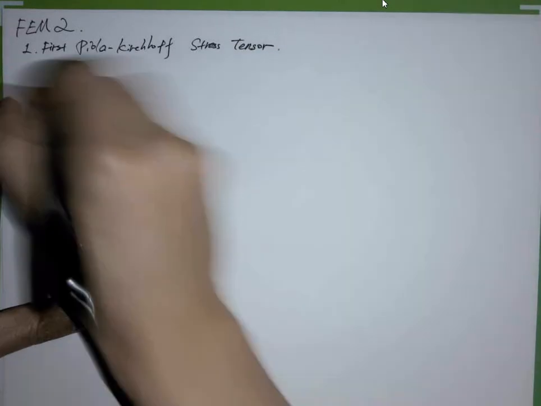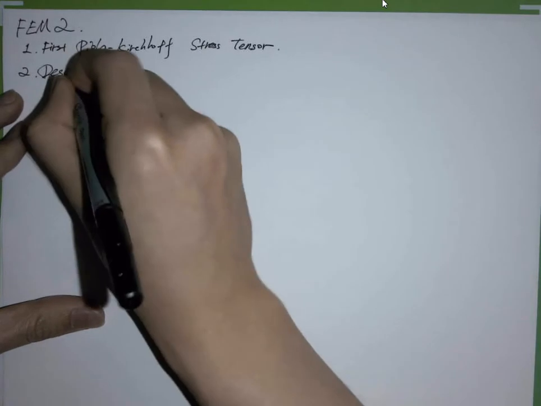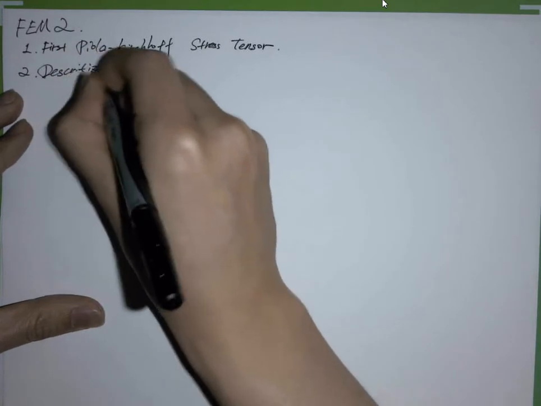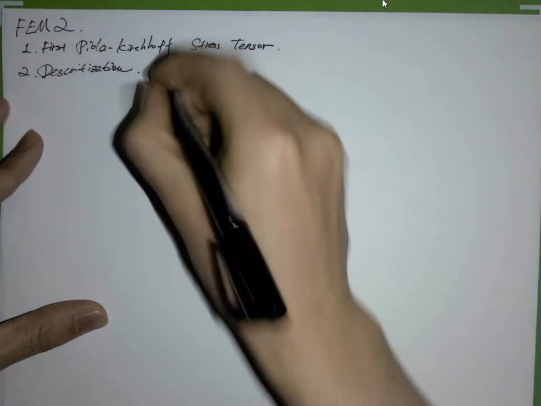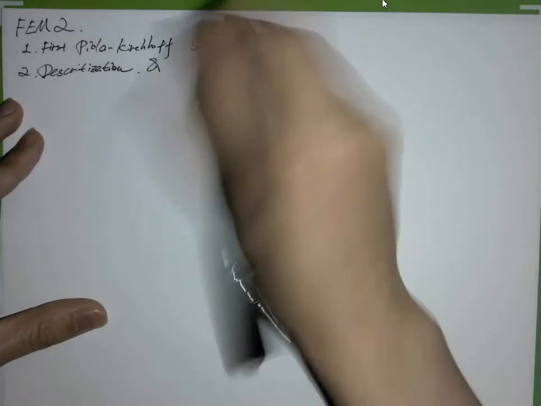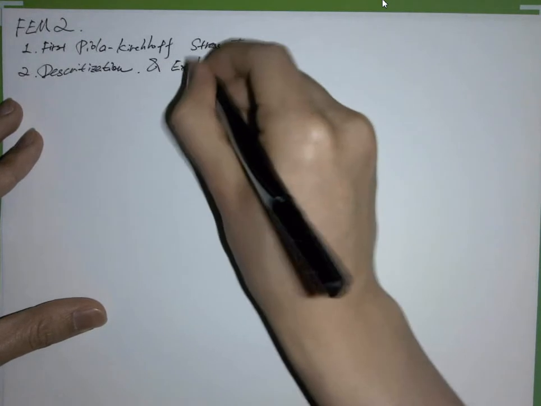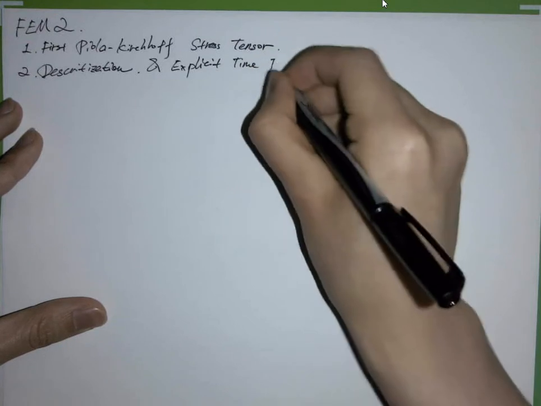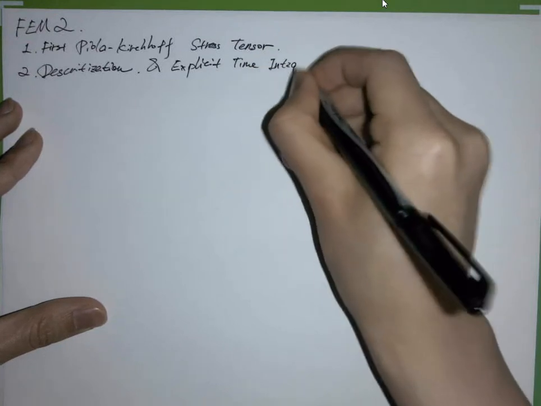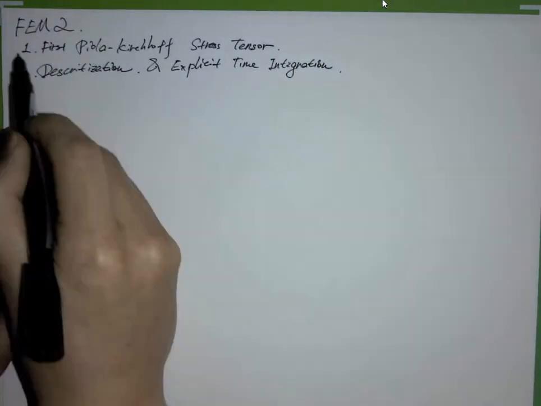And then I will do a discretization over the entire space, so you can start your simulation, and we will compute the force and at least cover the explicit time integration.